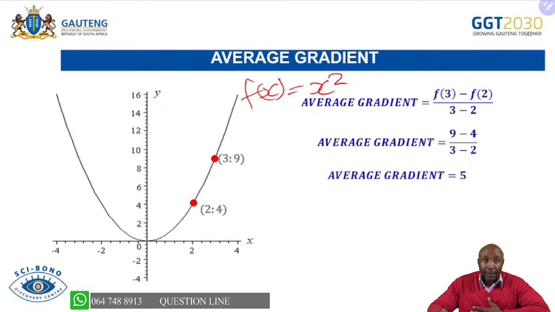Remember, this is an average gradient. It's not the actual gradient between those 2 points. Remember, this is a straight line drawn to just connect those 2 points, and we are able to find the gradient of that particular line.